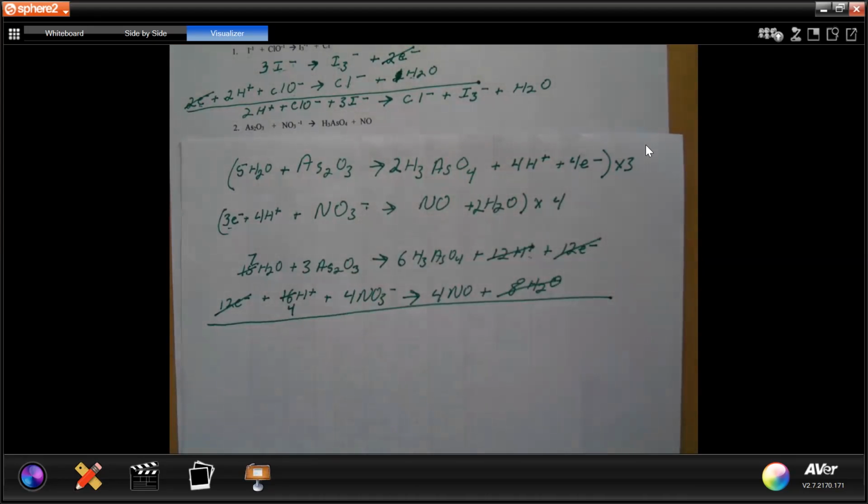Now, if I've done everything right, I should be able to gather everything up on both sides and it should be balanced for both atoms and charge.